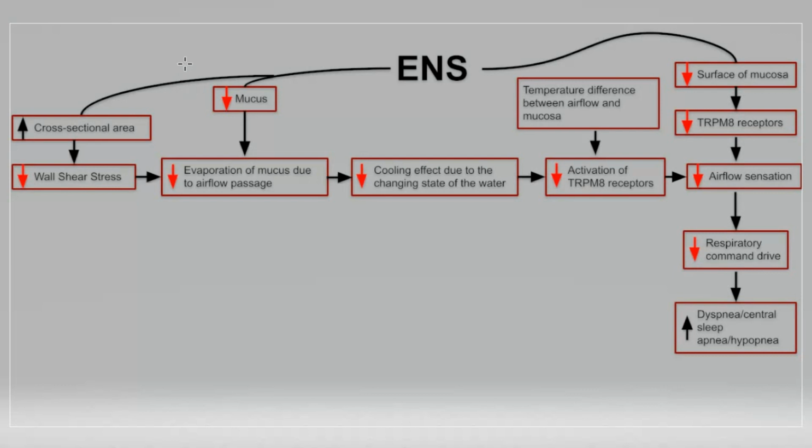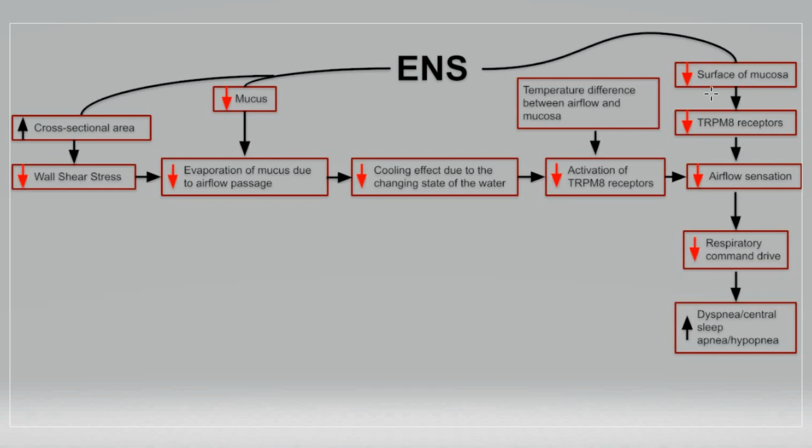These two things lead to less evaporation of the mucus, which leads to less cooling effect due to the changing state of the water. It decreases the activation of the TRPM8 receptor and finally reduces the airflow sensation.